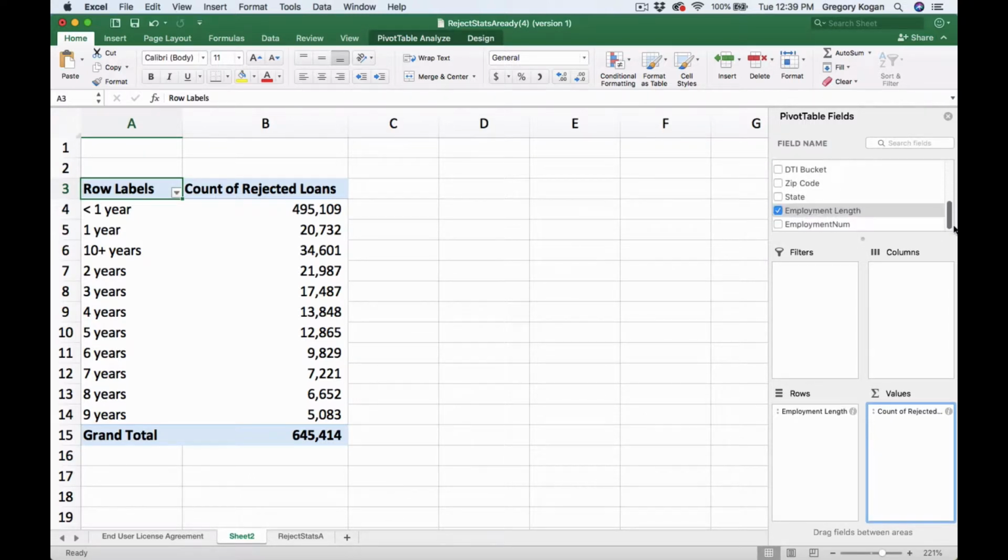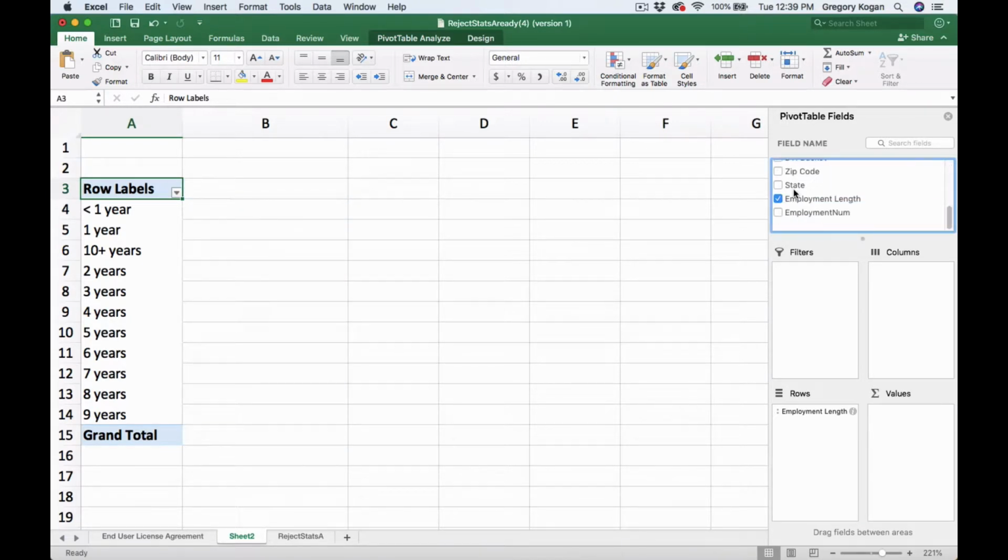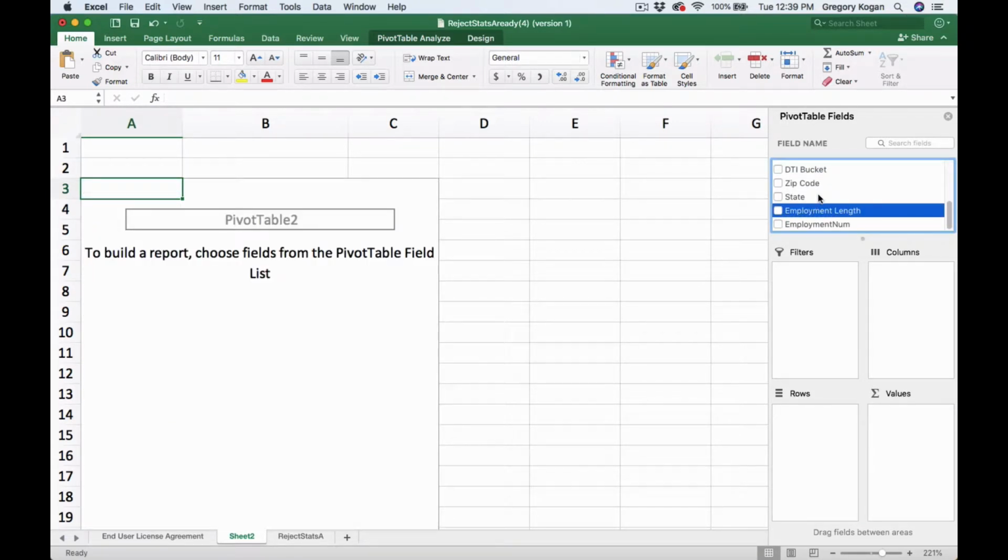Now, the next level of what we can do is look at some data mining that is a little bit different. So for example, we could uncheck the rejected loans and uncheck the employment length.